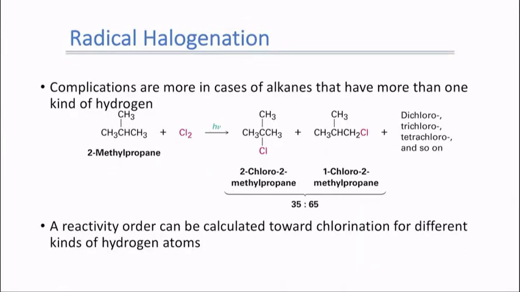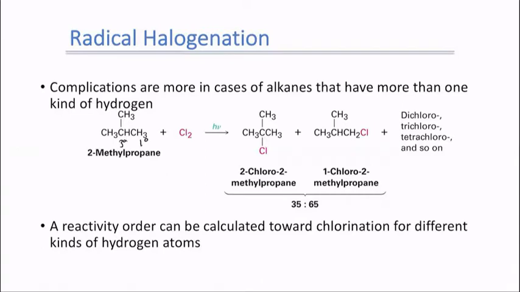And to complicate things even further is if there's different kinds of hydrogens on our molecule. So for example, on 2-methylpropane, I have a hydrogen here that's on a tertiary carbon and a hydrogen that's on a primary carbon. So we have tertiary versus primary. That can actually give different products and lead to a ratio of products.